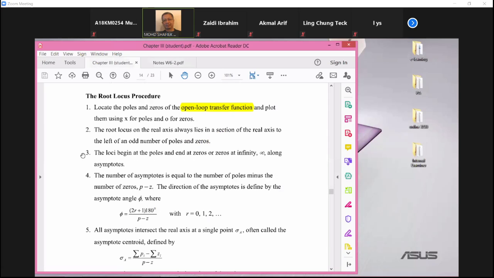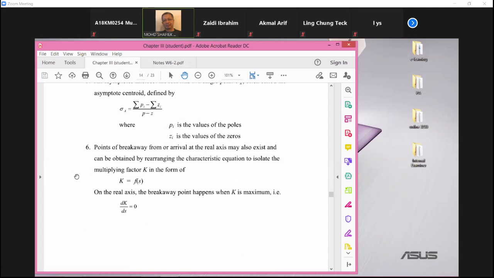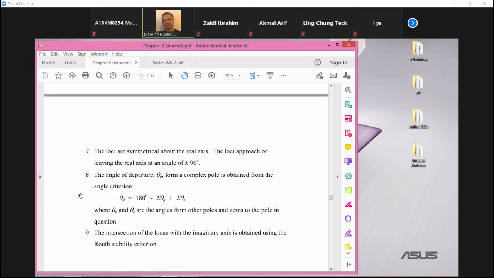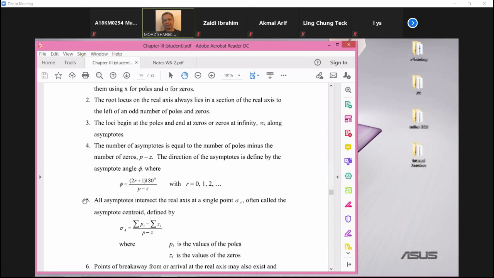I know it is a lot. Okay, you look here. It is listed, the root locus procedure: 1, 2, 3, 4, 5, 6, 7, 8, 9. I know it's a lot. I completely understand that, but there's no way around this.